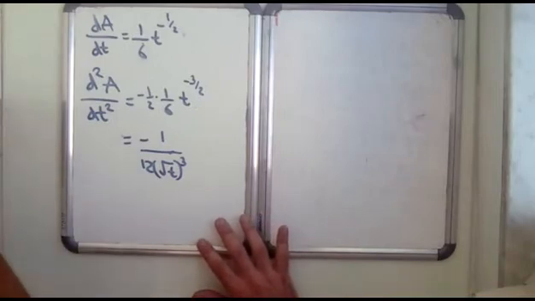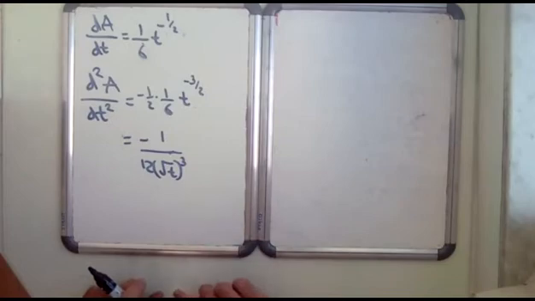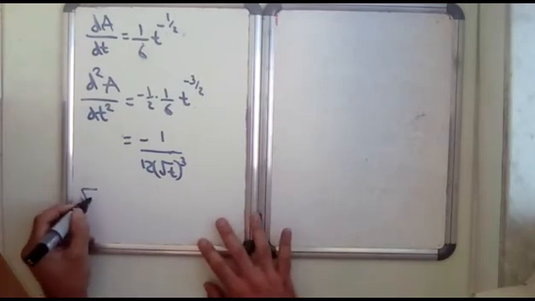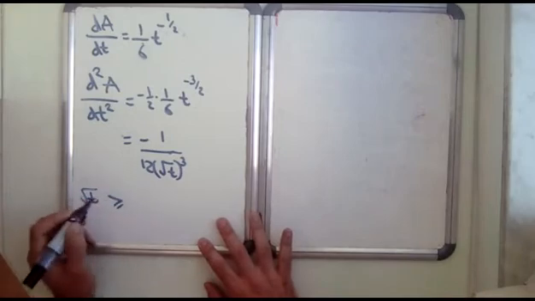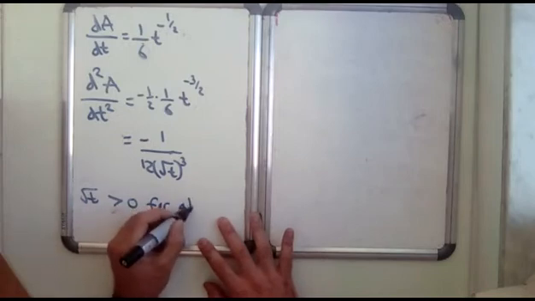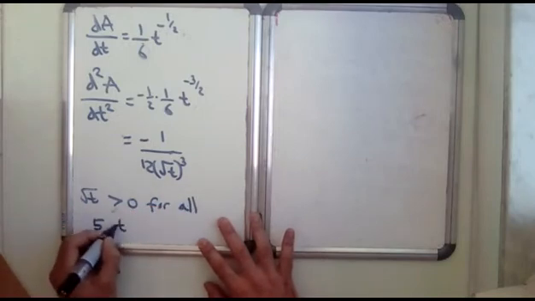So again, you need to say why this thing is always negative. Well, root t, as we know, is greater than 0 for all t between 5 and 18.